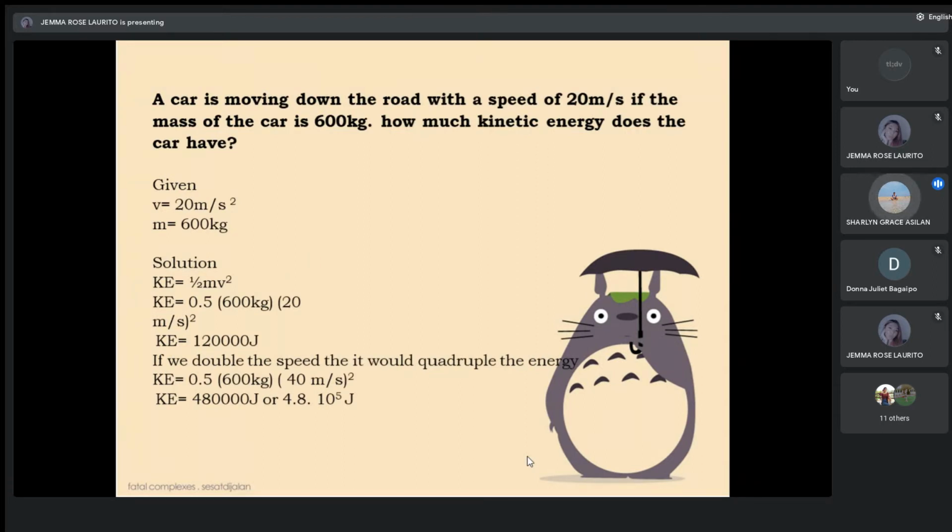A car is moving down the road with a speed of 20 meters per second. If the mass of the car is 600 kilograms, how much kinetic energy does the car have?